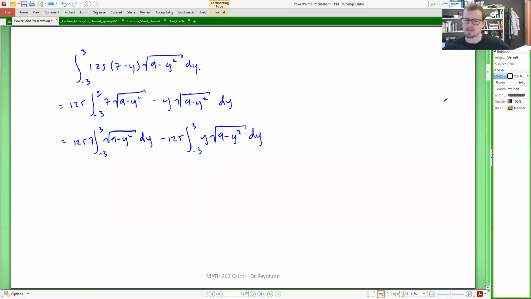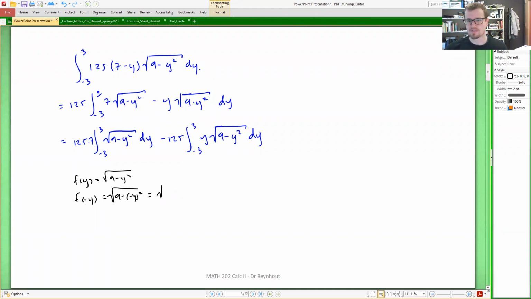So what you might then do is notice a couple of things. This is an even function. If f of y is equal to the square root of 9 minus y squared, then f of -y is equal to the square root of 9 minus (-y) squared, which, when I square a negative, it makes it positive.